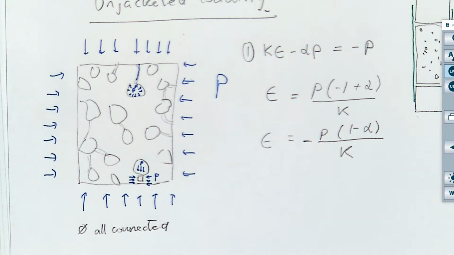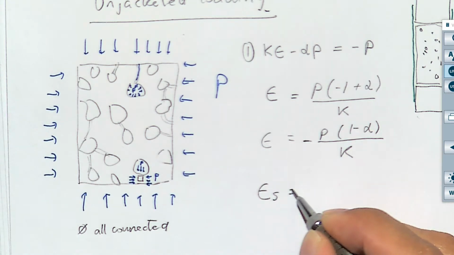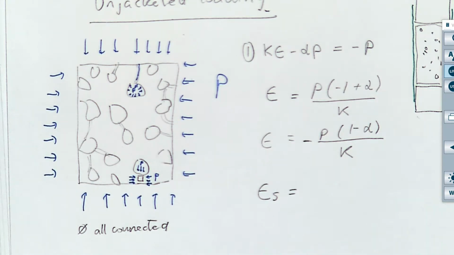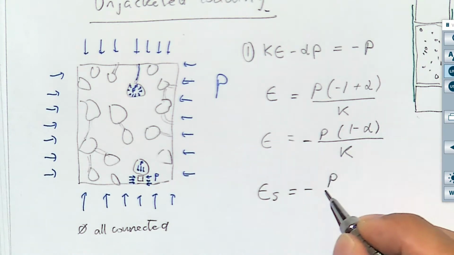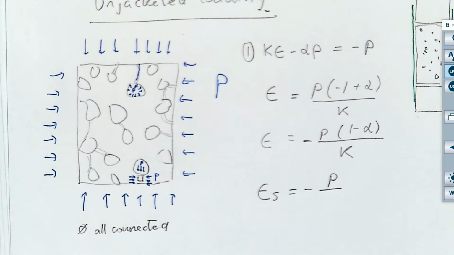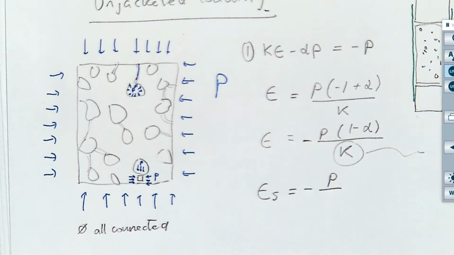And because of that, the strain of the solid part is going to be proportional to the pressure and inversely proportional to, what do you think? This K, remember, it's a bulk quantity. It's the K of the entire porous solid.